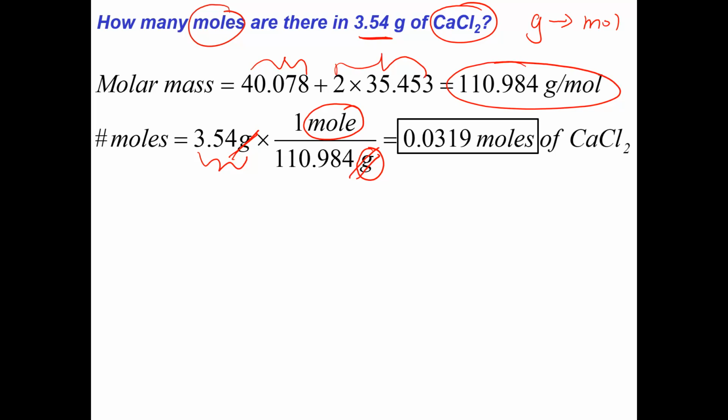Now, there's about 111 grams in a whole mole of this compound, and I've only got 3.54 grams, so I must have a lot less than 1 mole. And when I do the math and I round off to 3 significant figures, sure enough, I have a lot less than 1 mole, as I would expect.